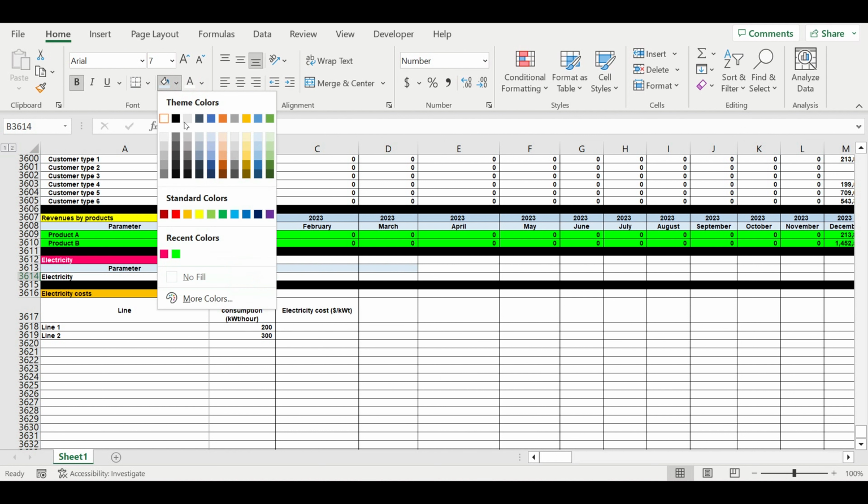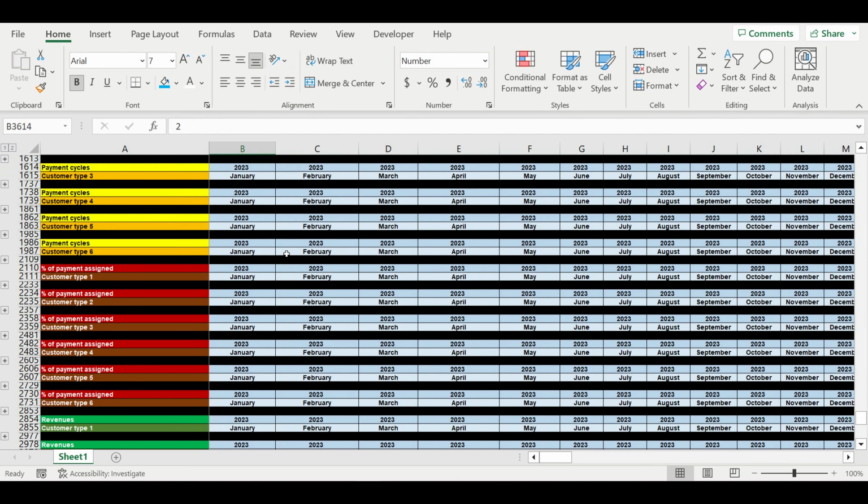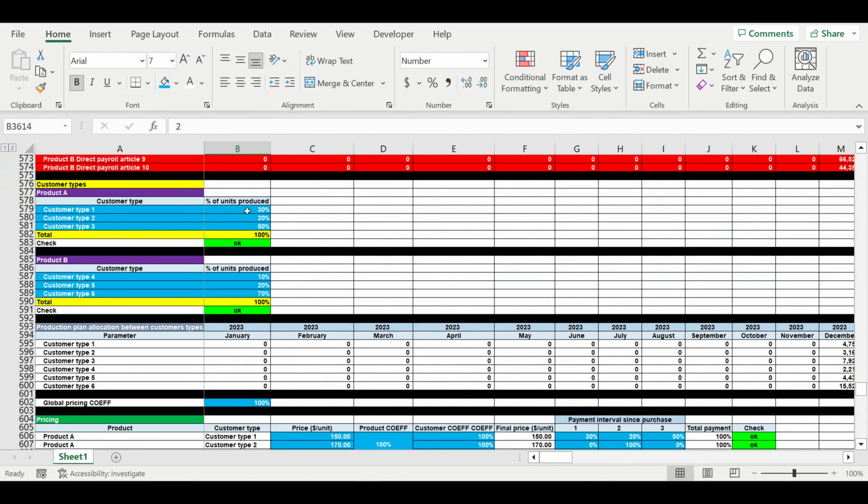So this is the input, so we're coloring this input with blue because blue color goes with all our inputs to make us be able to find all the inputs easily. These are all inputs.